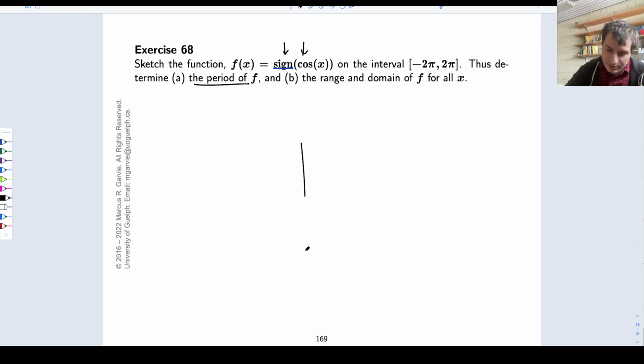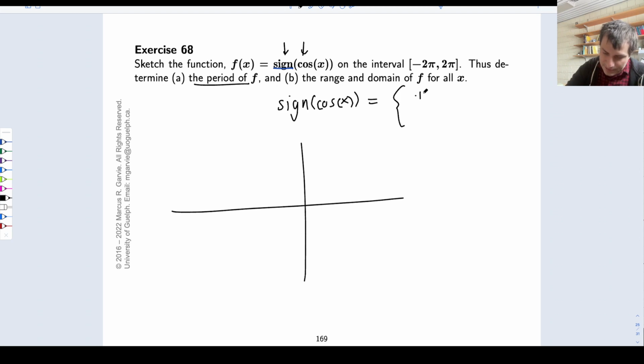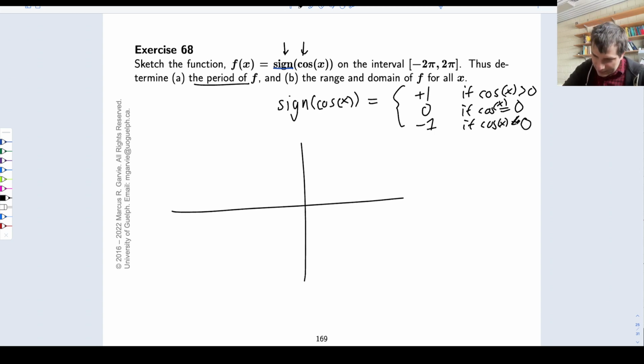I'm going to start by writing out the signum of cosine of x by the definition of signum. This is +1 if cosine is bigger than 0, 0 if cosine equals 0, and -1 if the cosine is less than 0. Okay, so it's either +1, 0, or -1.